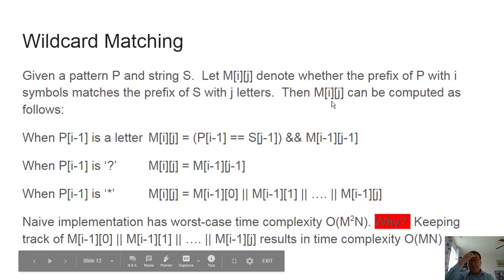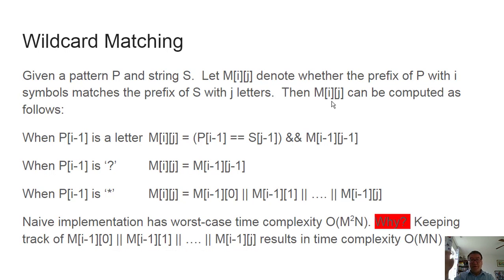This slide essentially gives the formula, the code, for what we just discussed. If it's a letter, we check whether it matches. If it matches, we go diagonal. Otherwise, it's false. If it's a question mark, we go diagonal. If it's a star, we need to logically OR everything on the row above up to the current column.